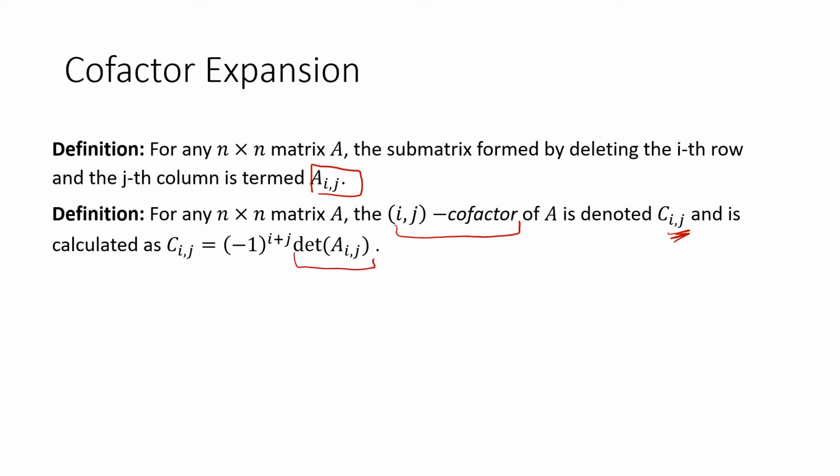So you have a smaller matrix, and you get the determinant of the smaller matrix. And you multiply it by -1 raised to the i plus j, where it's the ith row and the jth column that you took out. So that's either going to be a +1 or a -1 times the determinant of that smaller matrix. That's called the cofactor.